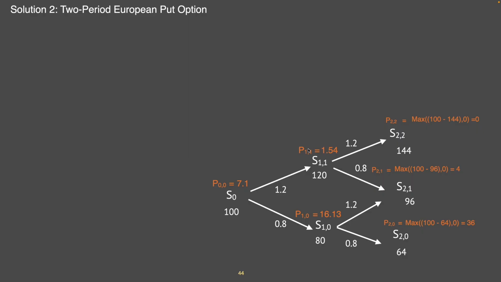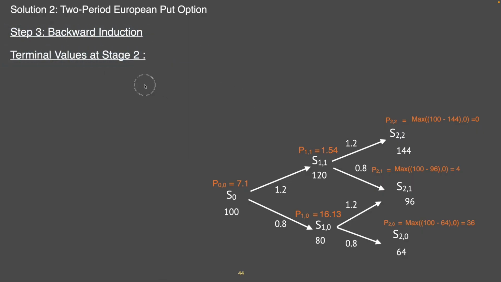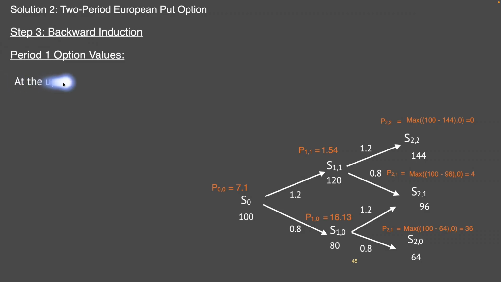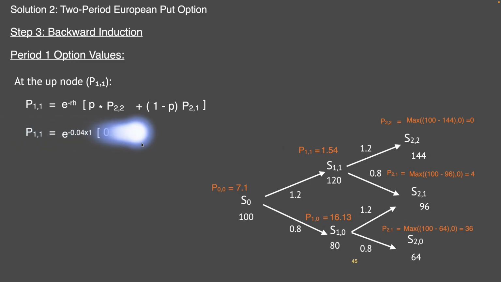So what is the continuation value you should use? The formula for backward induction is, at the up node, that is point P11, e to the power of minus RH into P into the value P22 plus 1 minus P into the value P21. So what is the value?